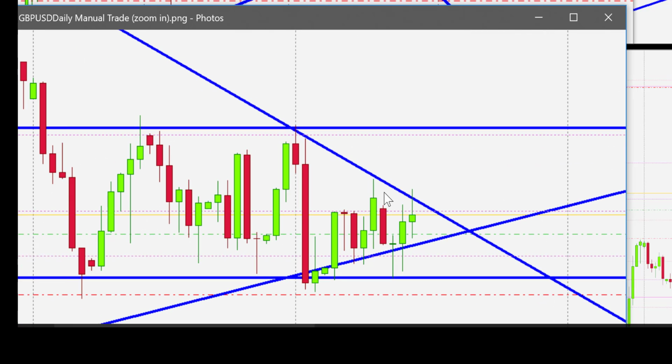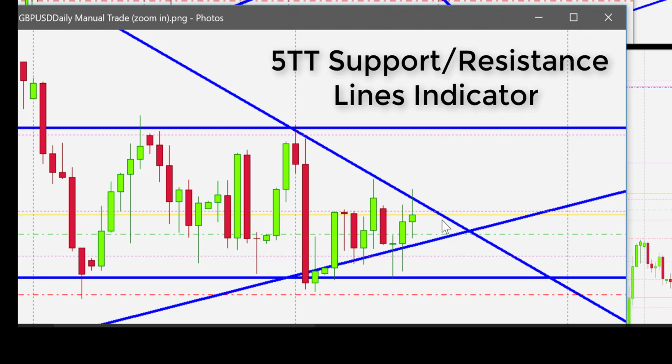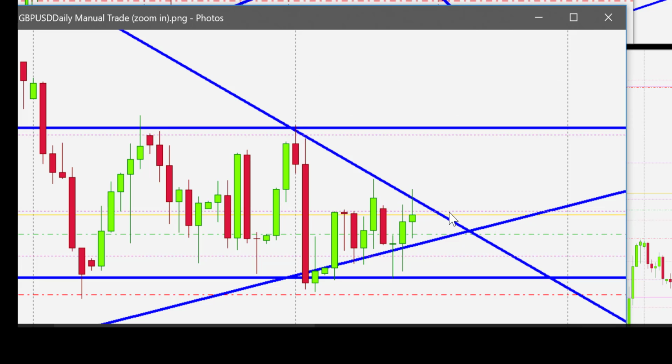Okay, and so the day after, which was this, we can see what price also did here. So price got to that same line and again breached it, but failed to close above it. And not just that straight line there, you will notice that after this day right here, my automated support resistance line indicator showed that there is a near-term level of resistance here as well.